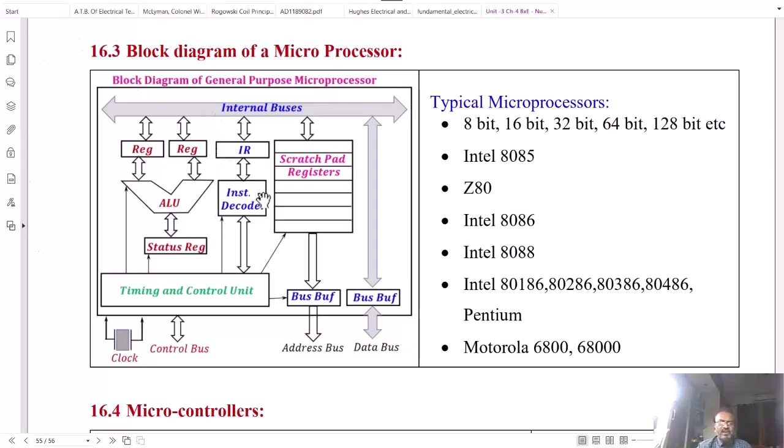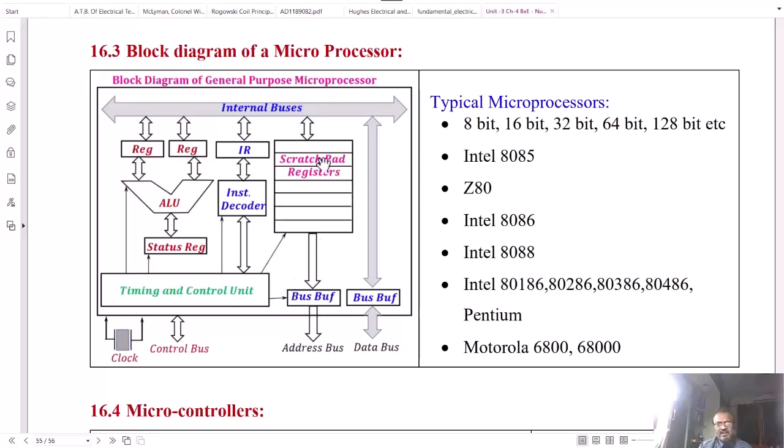In addition to the arithmetic logic unit, the microprocessor has an inbuilt set of scratchpad registers. Scratchpad registers are registers in which data can be temporarily stored. Depending on the processor, the scratchpad registers can range from 6 or 8 to tens or hundreds of registers available inside.